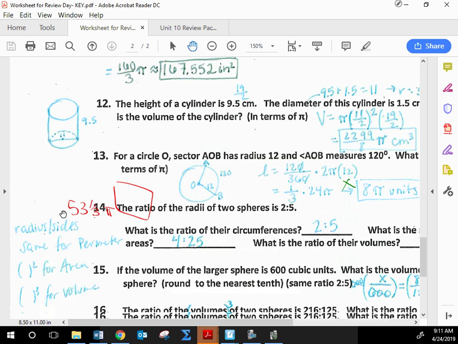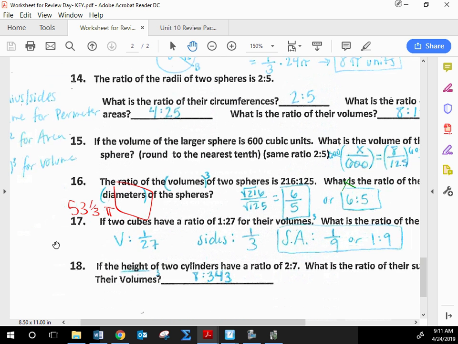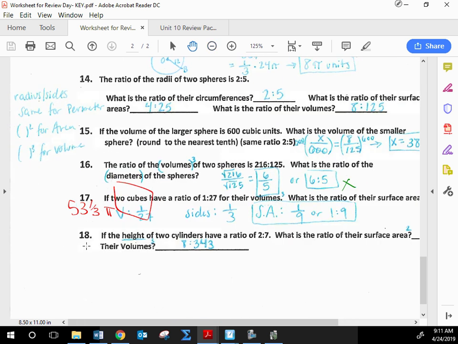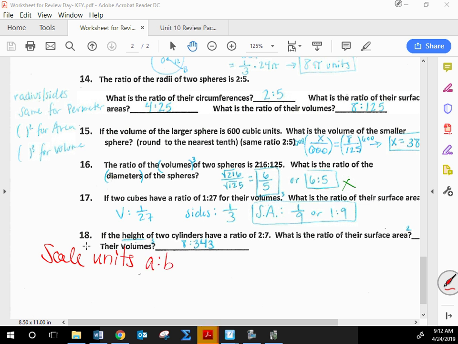Okay. So then our bottom ones down here, we're practicing those ratios. Just a reminder that our scale factor is our units, and that's A to B. Anything that's units squared is A squared to B squared.